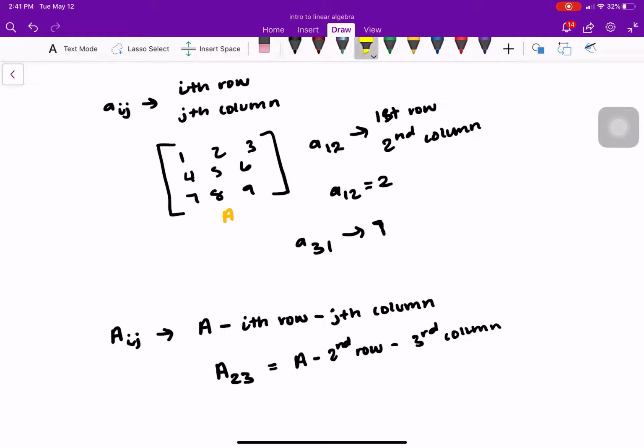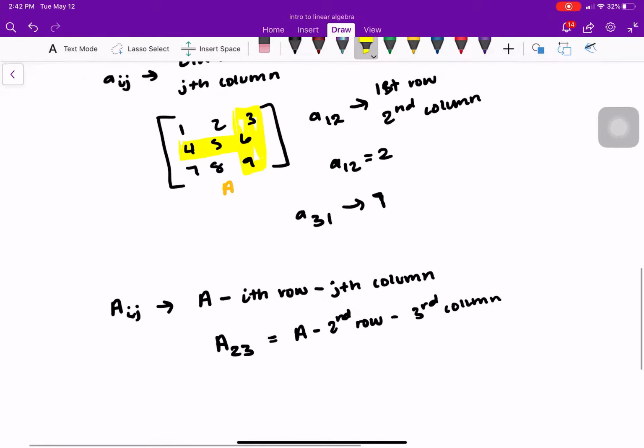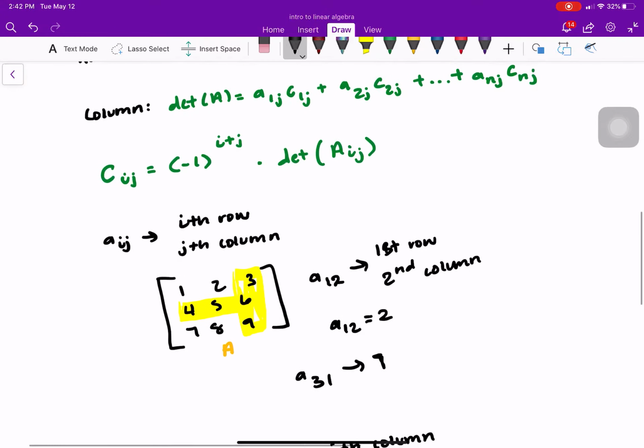I haven't used a highlighter in a long time. Second row, third column. Whatever is left is capital A_23. So this is 1, 2, 7, 8. That is what capital A_23 is, and so on and so forth.